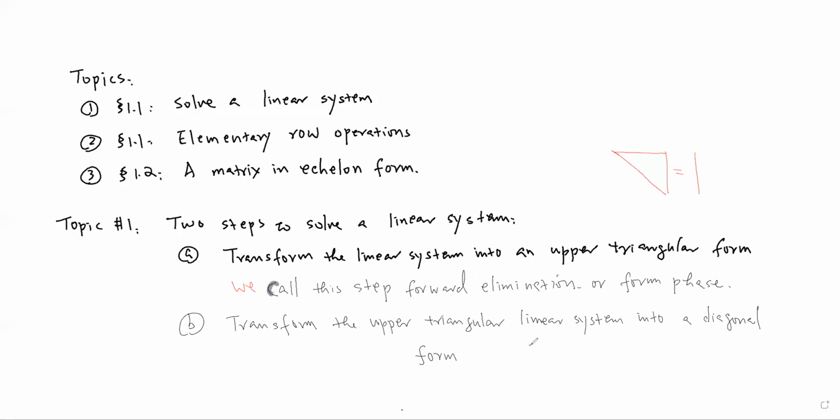Like this. The matrix is a diagonal matrix, equal to the right hand side, to get the solution of the linear system. Okay, so 2 steps. Now in the last class, I showed you 1 example, but I didn't have time to finish that example. Now let me start with the example today.